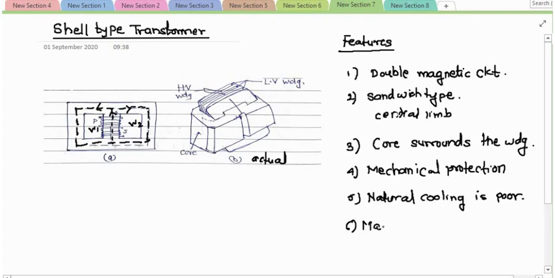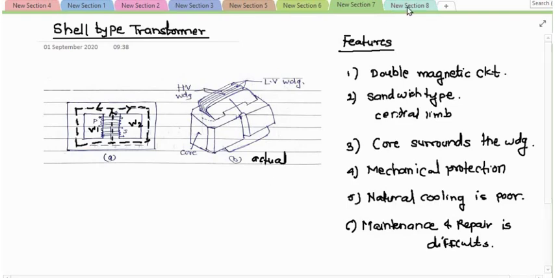So maintenance is somewhat of a hectic job. Maintenance and repair is difficult. We have to dismantle a large number of laminations to provide maintenance and repair for the shell type of transformer.